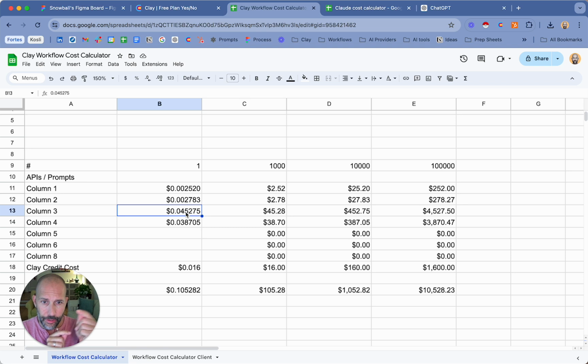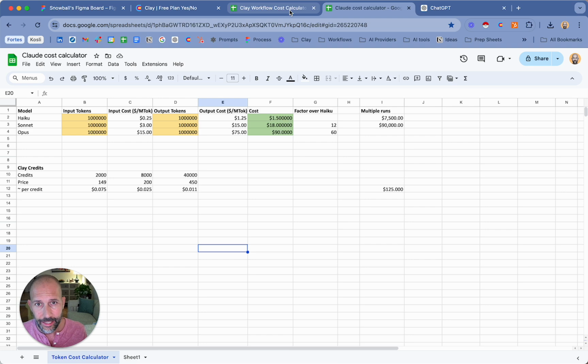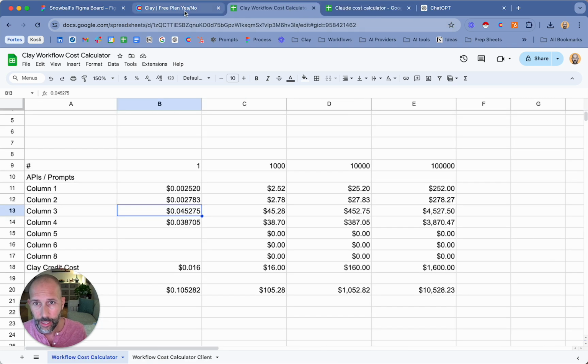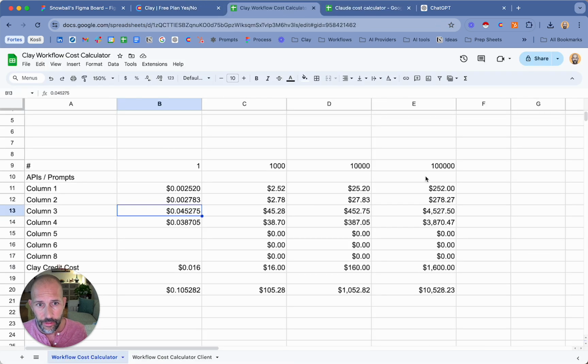When you calculate that up, let's look at 10,000 rows in this case. When I run 10,000 rows with these two models and see what result they get, I get to about $50.